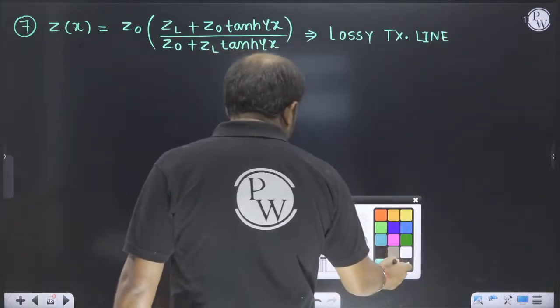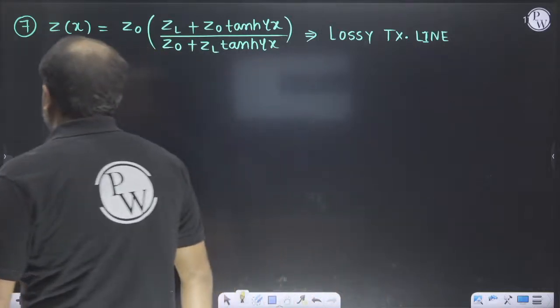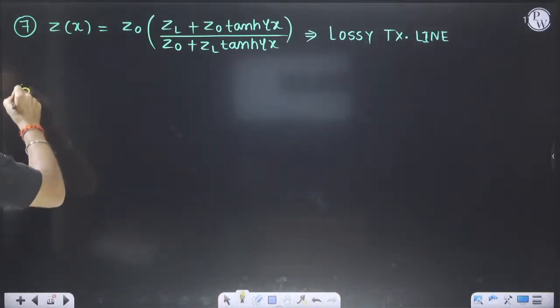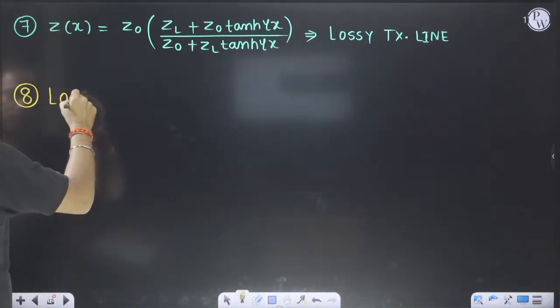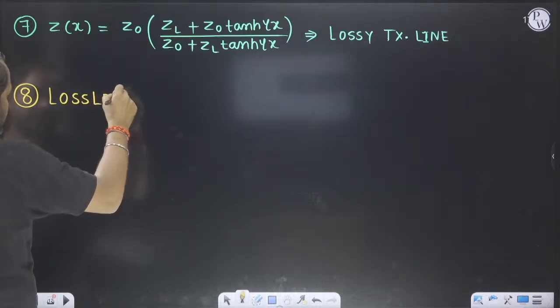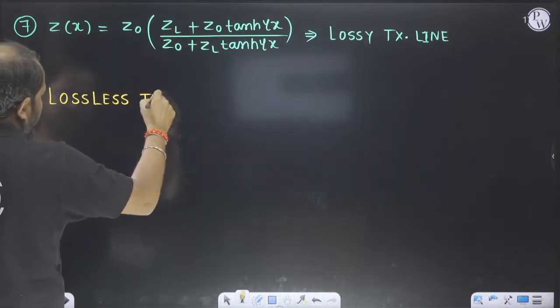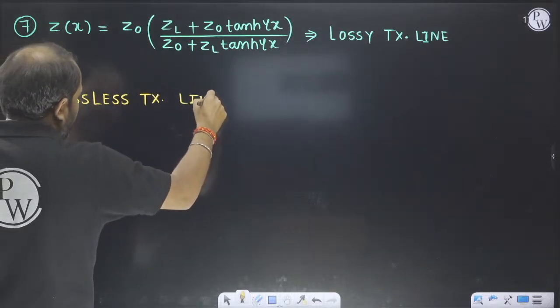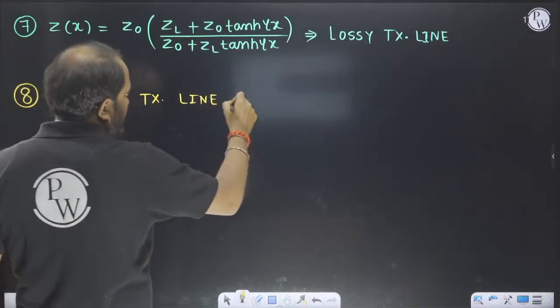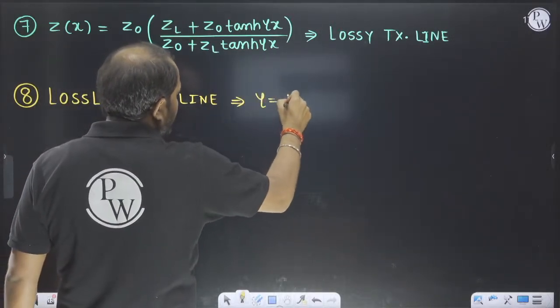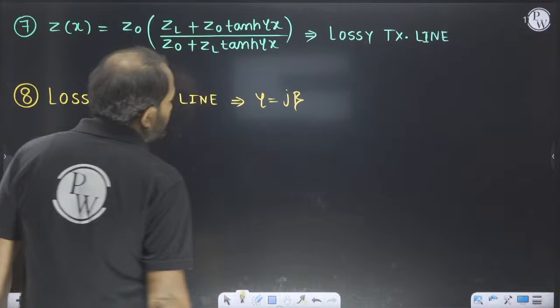In case of a lossless transmission line, what will happen? Gamma is equal to jβ.